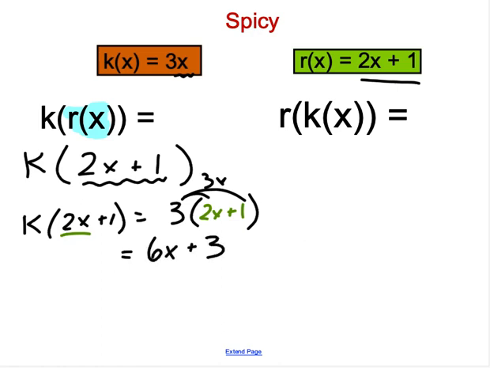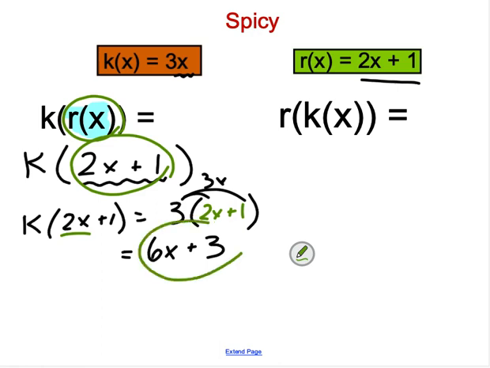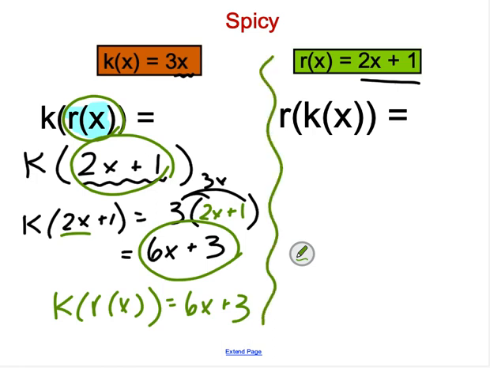So if this was in our table of values from the last video, R of x would have been the answer to the first column. 2x plus 1 is that answer in the middle column that we use to get the final answer. So you would say K of R of x equals 6x plus 3.